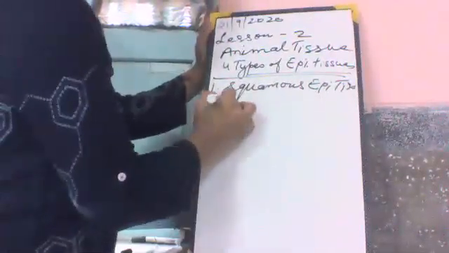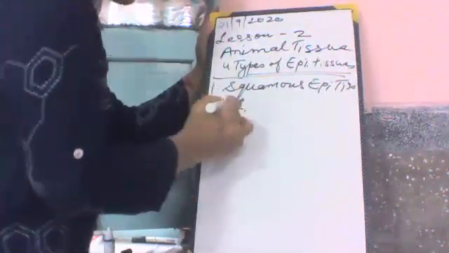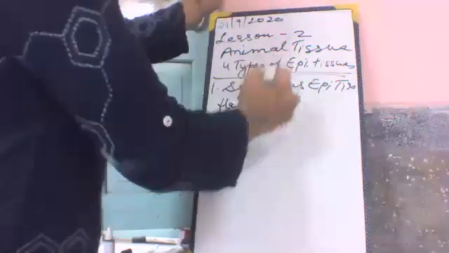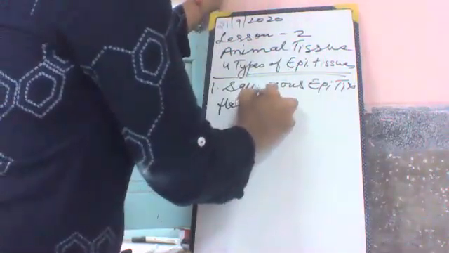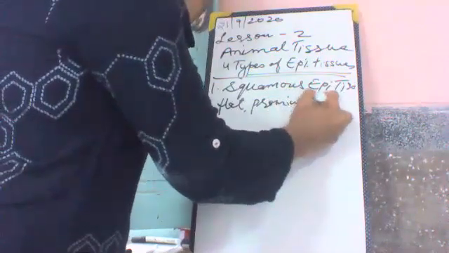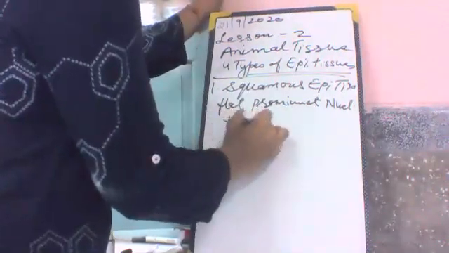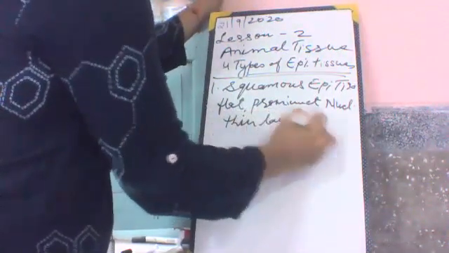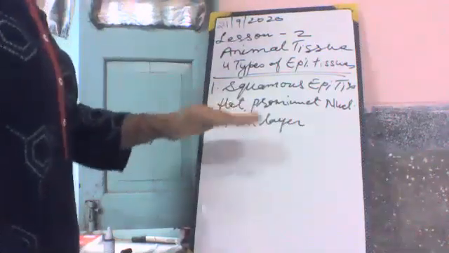They are flat in nature, and the nucleus is very important in this. They form a thin layer over the epidermis or an organ.